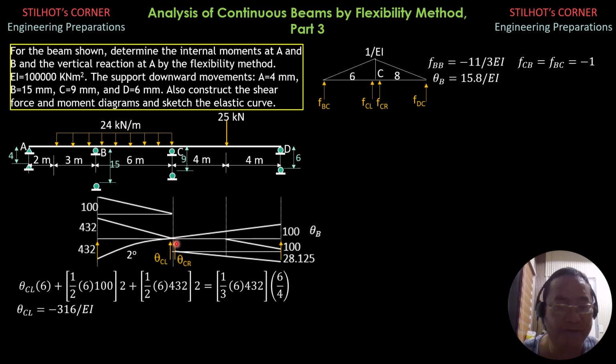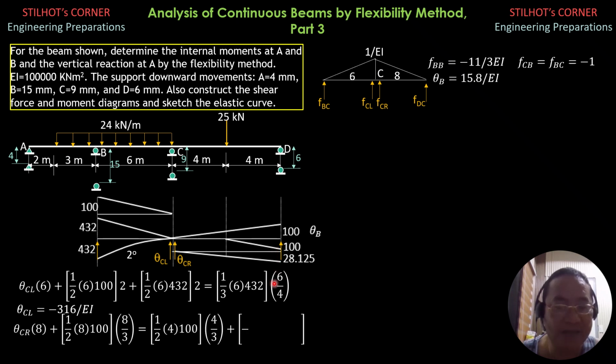Likewise, to solve for theta C right, we sum up moments about the right equals 0. Theta C right times 8 plus 1/2 of 8 times 100 times 8/3 equals 1/2 of 4 times 100 times 4/3 plus 1/2 of 8 times 28.125 times 8/3.